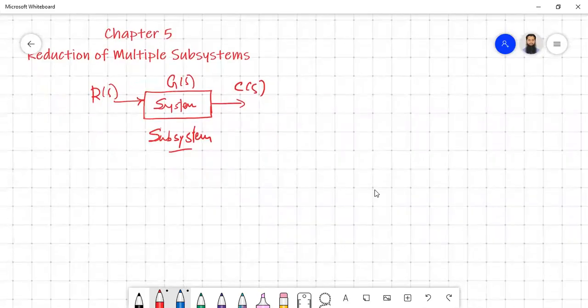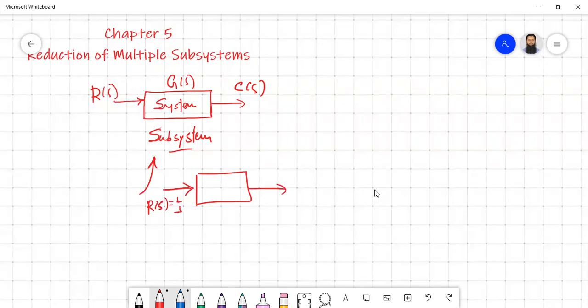So far, the knowledge that we have gathered from chapter 4 is that we can find out the transient response of a system. With a single transfer function, if we apply a test signal, say a step signal, then we may know how the system is going to behave.